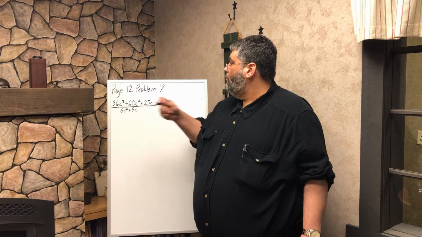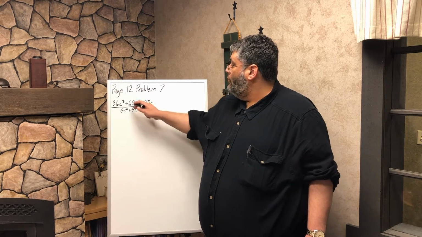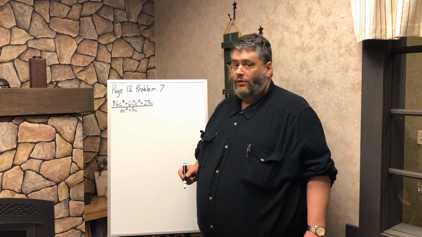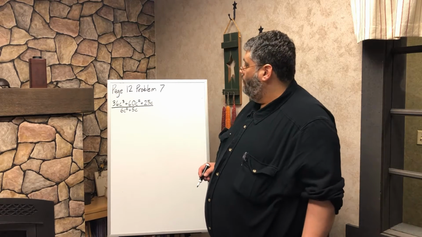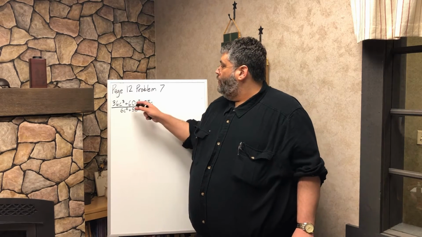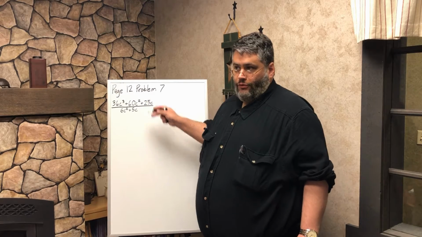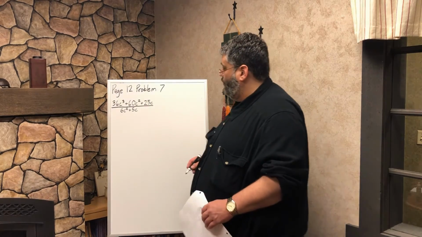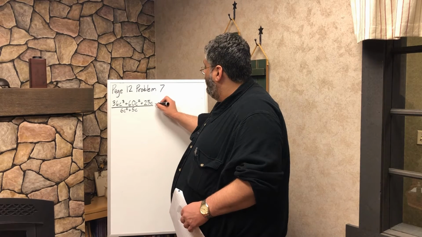Now, first thing we're going to look at here is this middle term, the 60c squared. And we know that that is 30c squared plus 30c squared. So that's what we're going to focus on, and we're going to convert that.